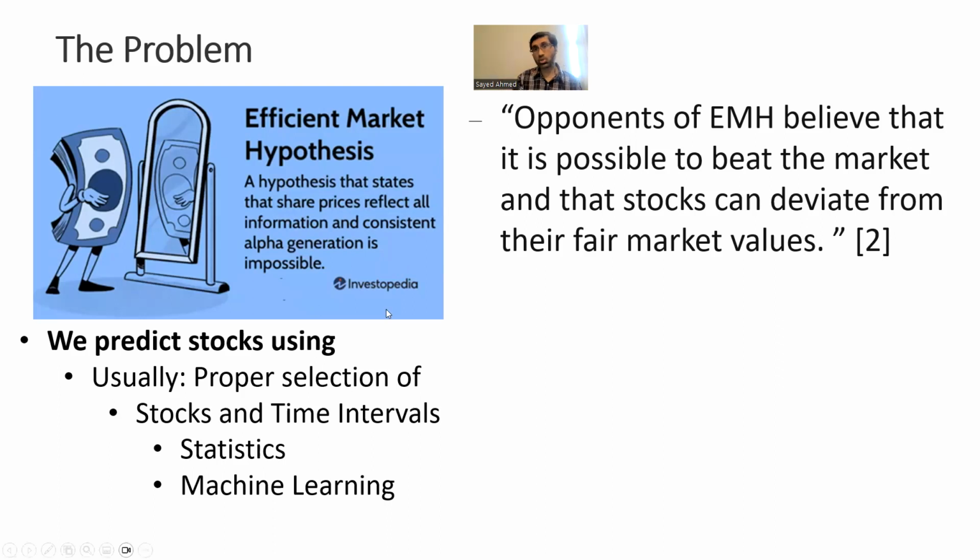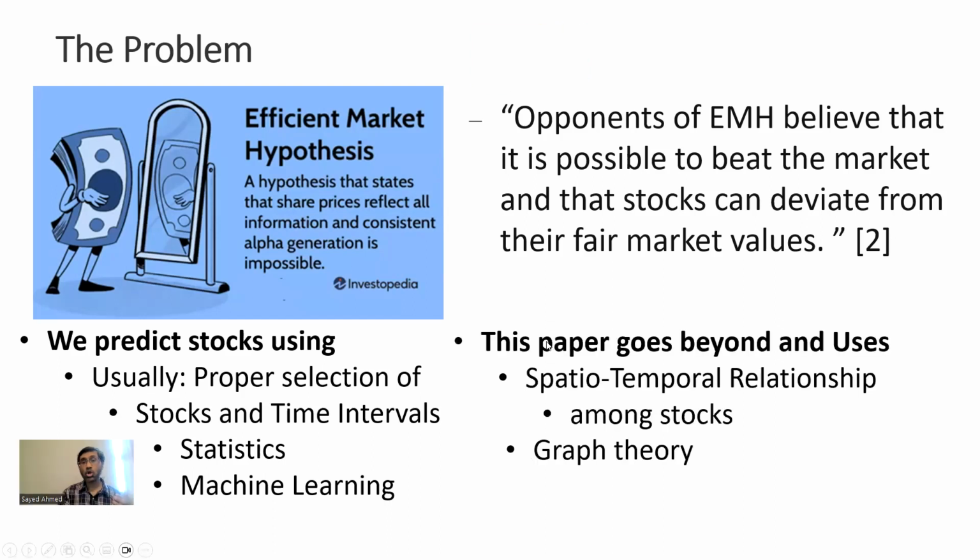This paper went beyond that and utilized the spatial and temporal relationships among the stocks for prediction. To understand the spatial relationships among stocks, the price interactions and correlations are mapped into a graph, and that graph is used for the prediction along with the historical prices.